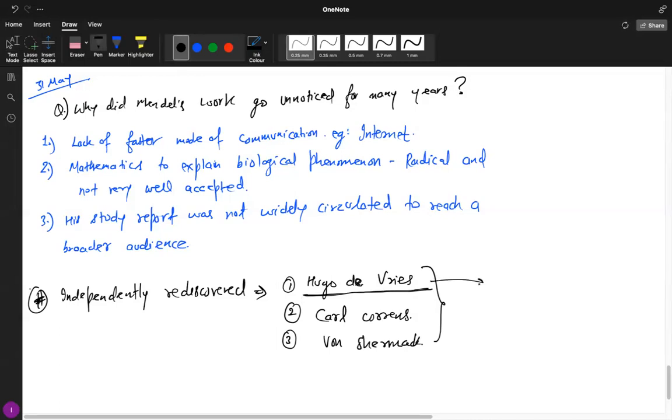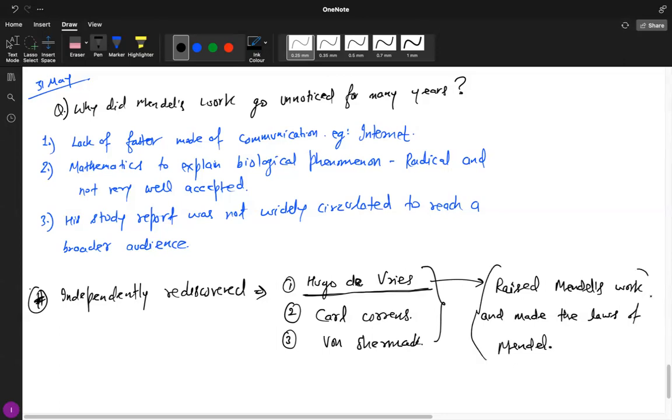Then Hugo de Vries was the person who raised Mendel's work and made the laws. So he raised the value of Mendel's work to Mendel's laws, which we now read.